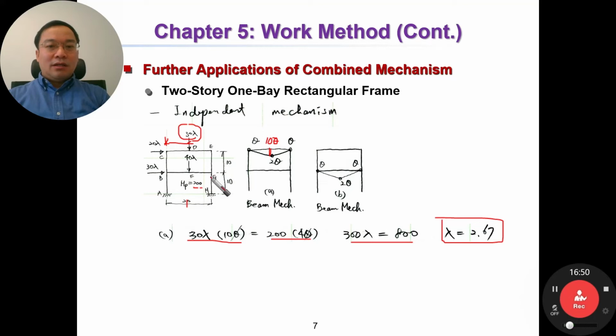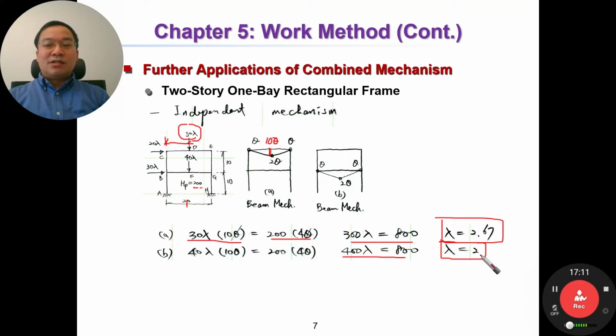And internal work, same, internal work equal to 800, okay, 800. Then finally we have lambda equal to 2. This lambda solution is corresponding to mechanism B. And also this is not correct mechanism.